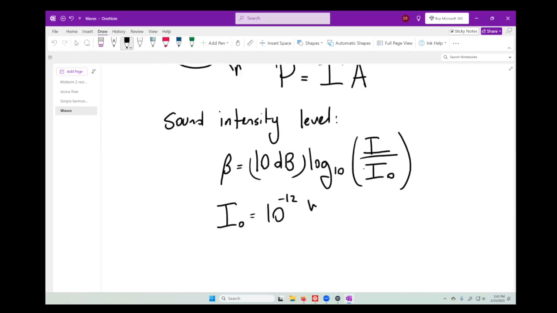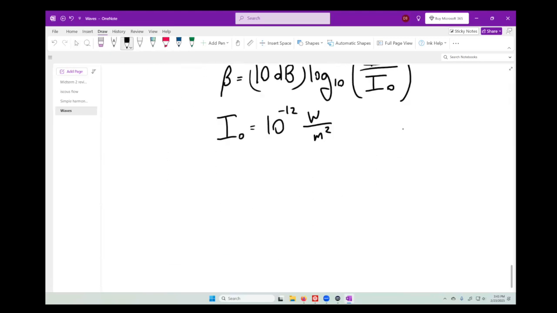So I naught here is a reference intensity, which is conventionally chosen to be 10 to the minus 12 watts per square meter.